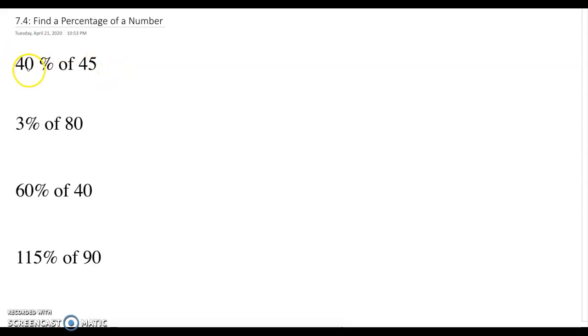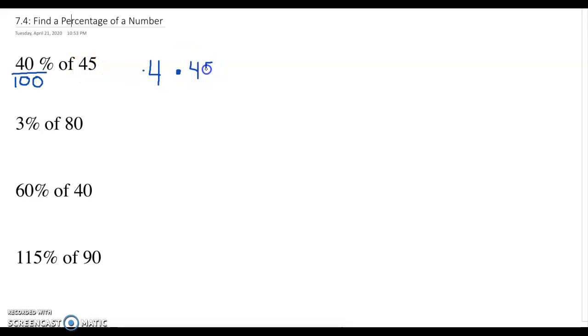The first thing we're going to do is break the percentage down. All percentages are over 100, so we're going to automatically put this over 100 and divide. You're going to divide 40 divided by 100 and you should get 0.4. After you get 0.4, you're going to bring in the "of," which, remember, is multiplication, times 45.